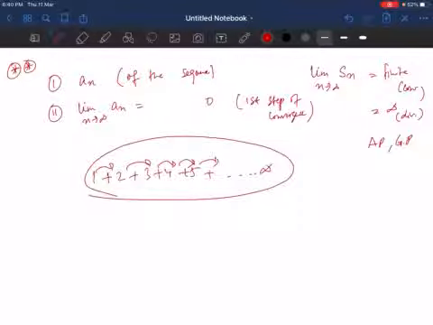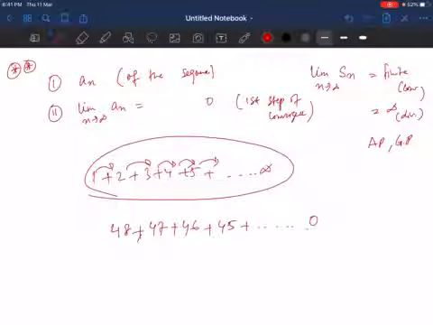But if we have a series like 48 plus 47 plus 46 plus 45, here it is decreasing. Decreasing means the sum will be less, and there will be some term that is 0, so it will decrease to 0.